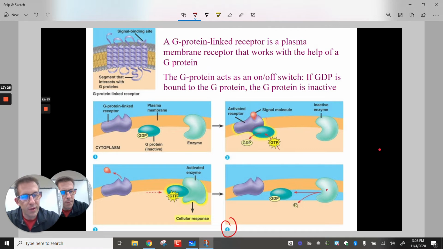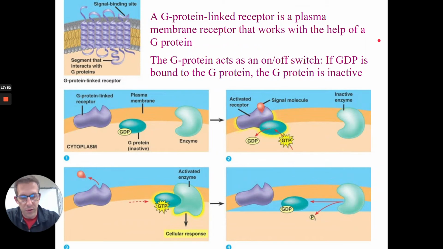The enzyme here has gone back to its normal shape. G protein right here has stopped glowing, okay? And then G protein linked receptor has changed its shape back to normal as well. Okay, so it's resetting back to its default setting. And once it goes back to its default setting, it can take more signals and then have another response, and more signals and another response. Okay, so that's how G protein linked receptor works.